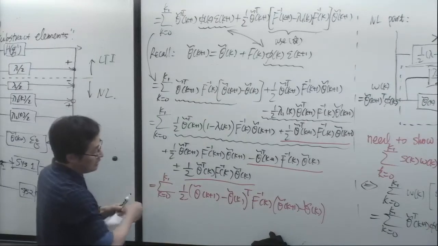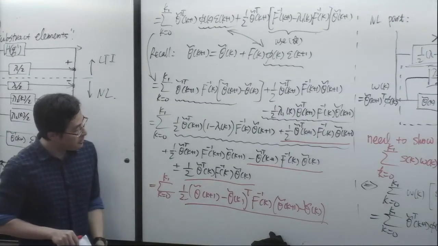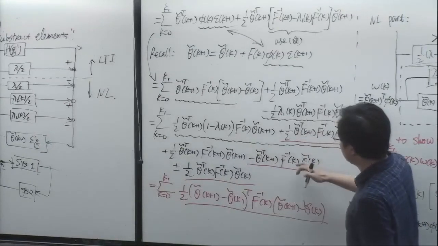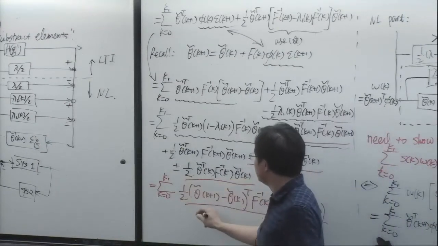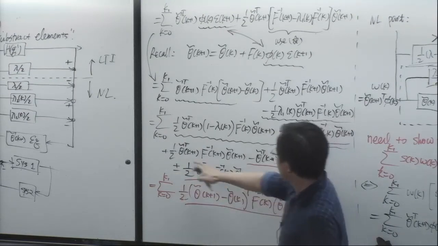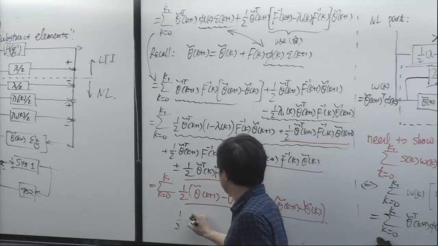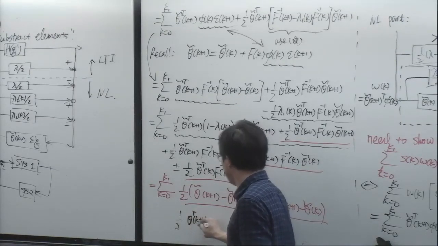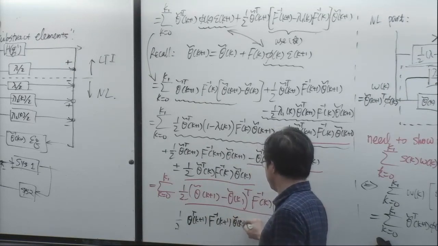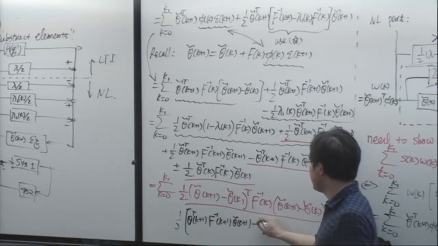So these two red underlined terms are the same. And then the rest is what we have written out. We need to count this inside, and then I'm going to write it together with this. So I'm going to write half of k plus 1 F inverse k plus 1 theta tilde k plus 1. I'm going to combine these two together and note this negative sign.